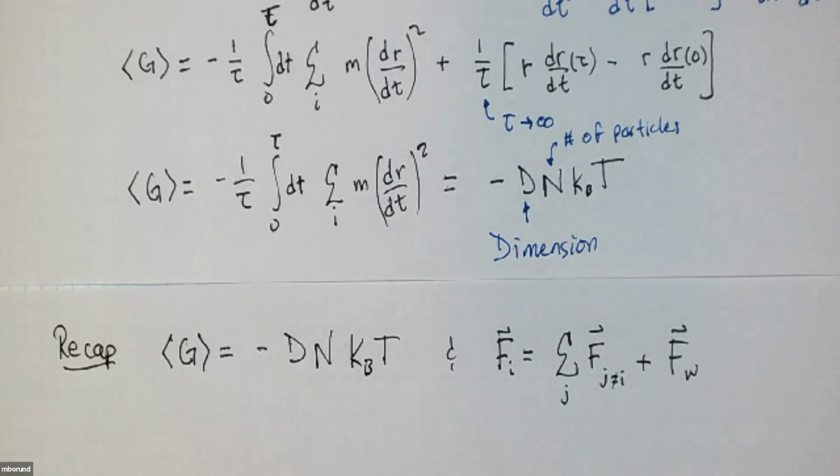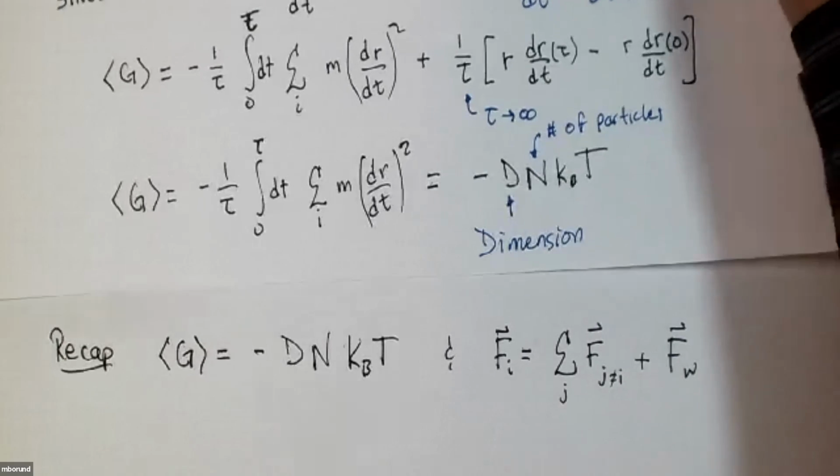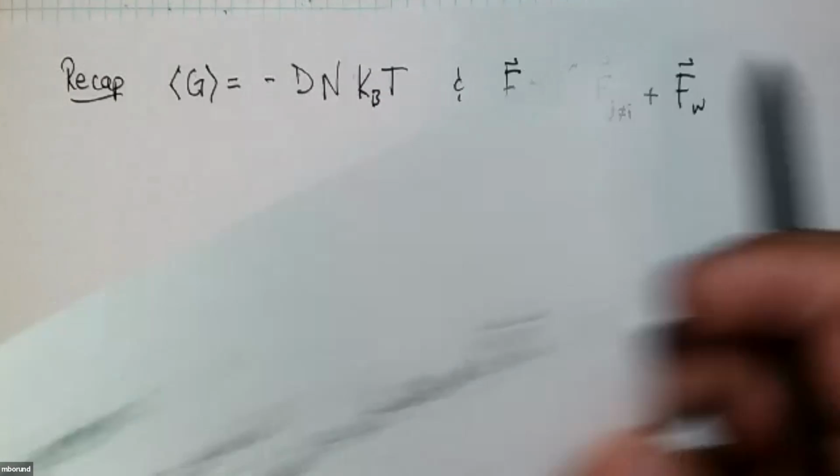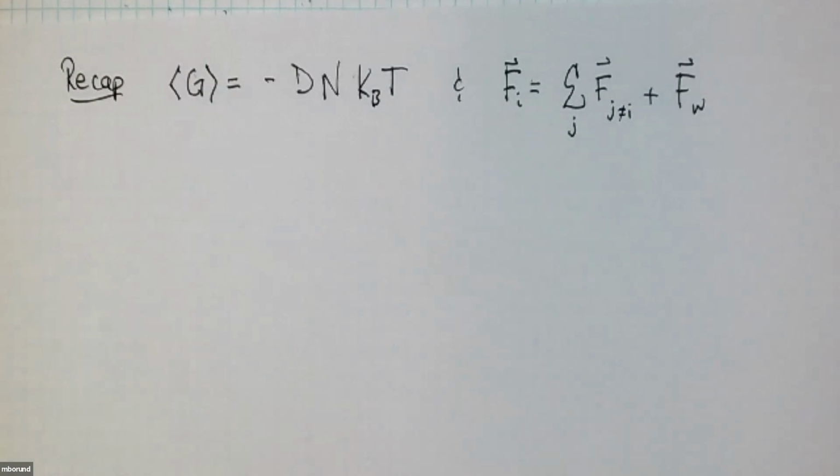So the forces on i are the interaction with all of the other particles, except you cannot interact with yourself, that's not allowed. And if you're bouncing off the wall, maybe that's why you have this extra term. Questions? No? All right.